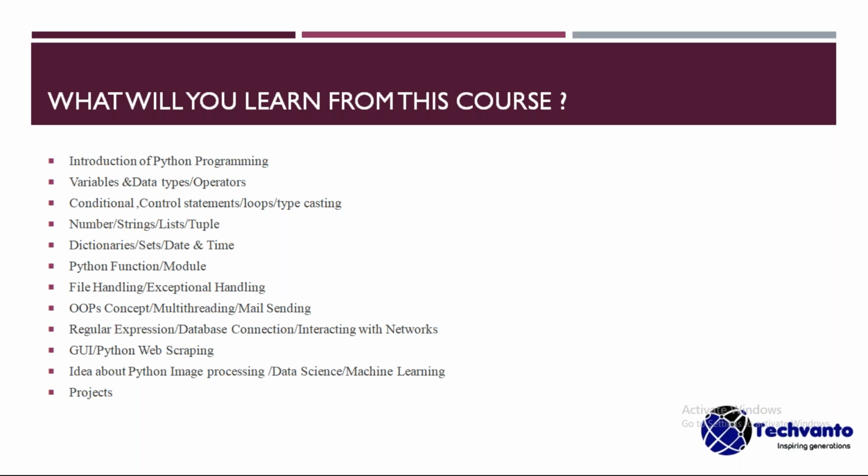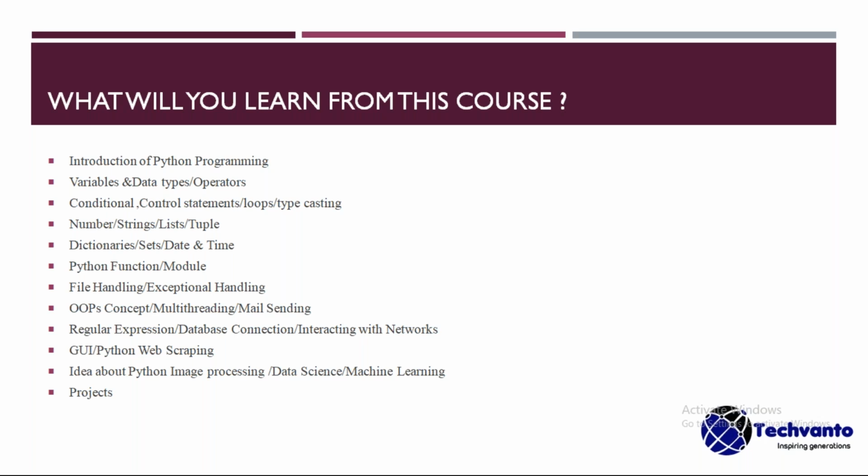Moreover, you can learn object-oriented programming concepts and mail sending and how to do multi-threading also, and how you can learn how to connect with database by using Python programming and how to interact with networks by using Python. And you can learn also graphic user interface by using Python. And after that, you can learn web scraping by using Python.